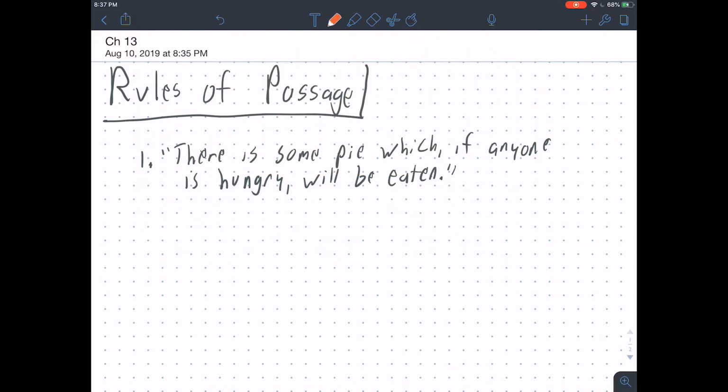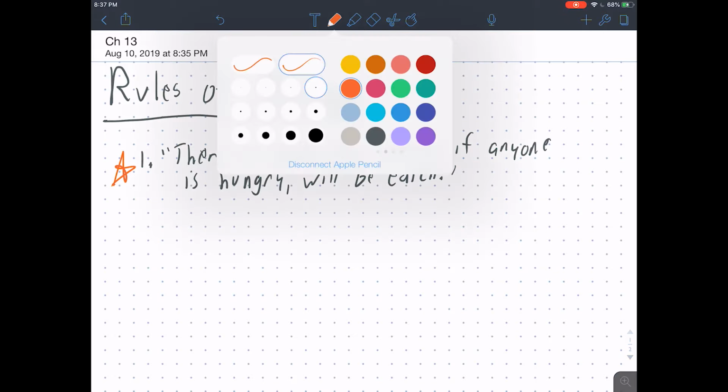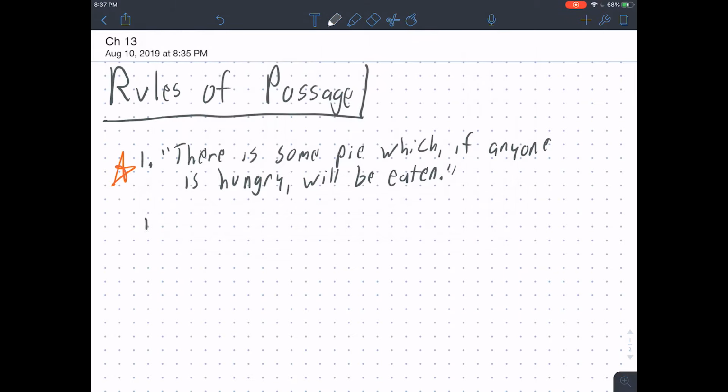consider this sentence I just wrote down. There is some pie which, if anyone is hungry, will be eaten. If we were to translate this, I'm not expecting you to be able to translate things like this competently yet, but if we were to translate this into monadic quantificational schemata, the sort of schemata that we've seen so far, we would get something like: there is some pie, right?